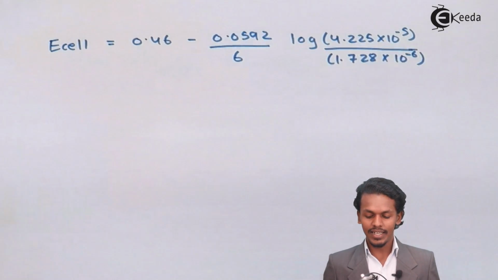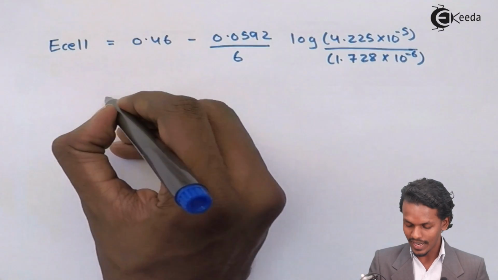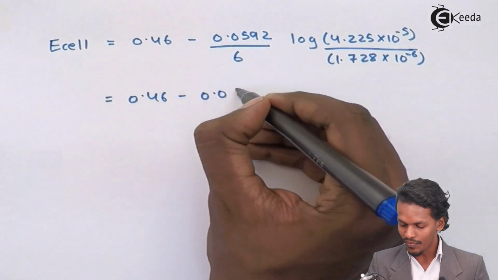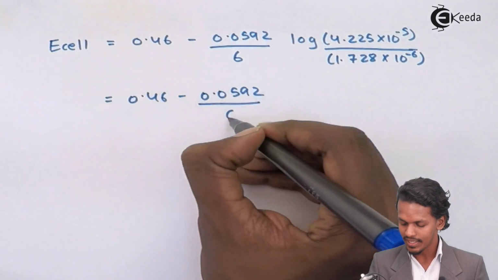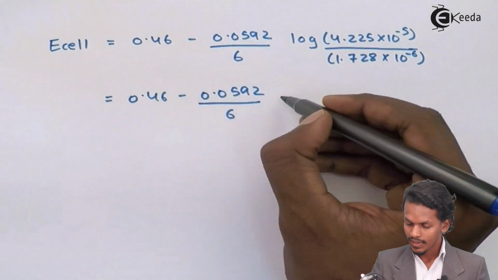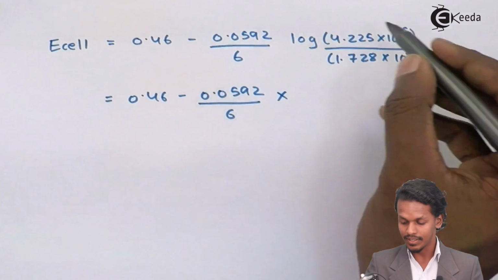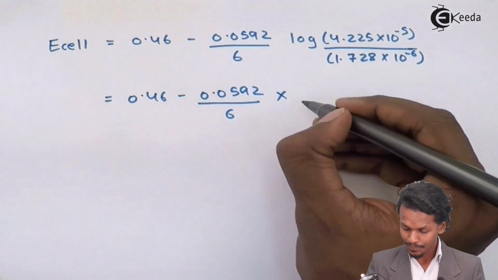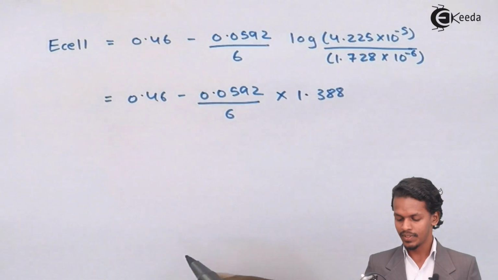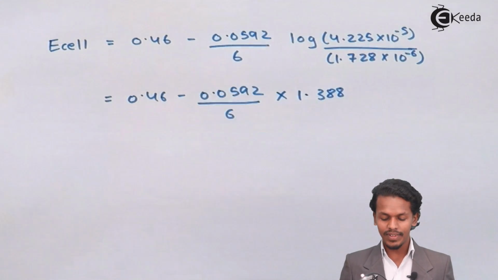So this can be done very easily. Now we calculate 0.46 minus 0.0592 divided by 6 into log of this factor, which has the value 1.388. So now we could calculate it in a very easy form.